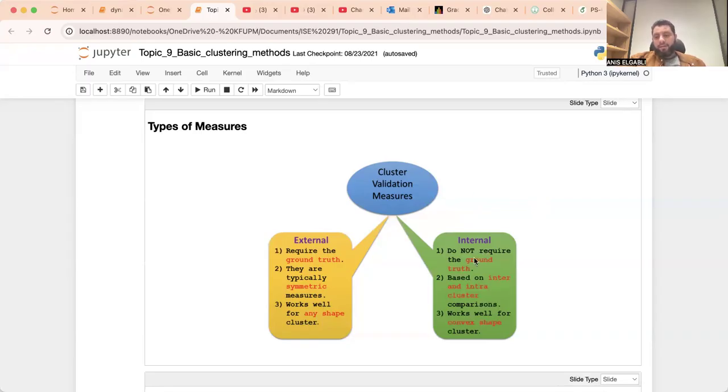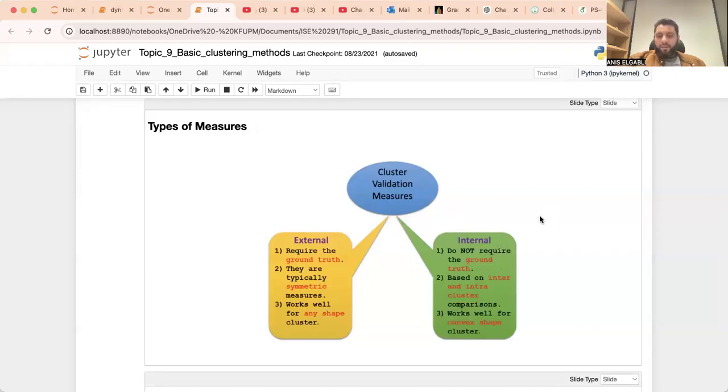And that seems to be more realistic measurements for measuring the quality of the clustering, because in most clustering problems, we don't have access to the label. Okay.